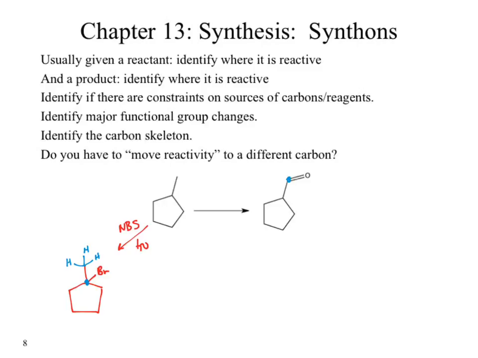So ultimately, I have to remove a hydrogen. Which means, what do I need to add? A base. So let's add a strong base. Let's just say strong base for the moment.